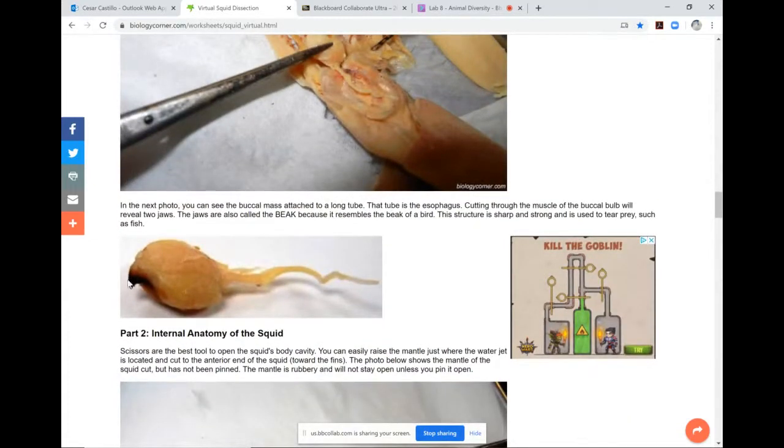And that's the sharp beak. That's very sharp. I would ask you to feel it with your thumbs lightly, otherwise you might cut yourself. It's a very sharp structure that has the composition of a thick nail. And here's the esophagus.